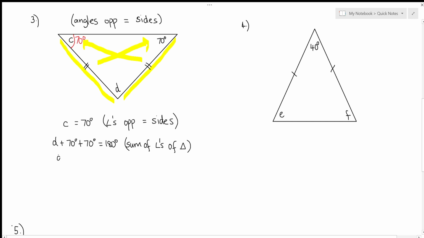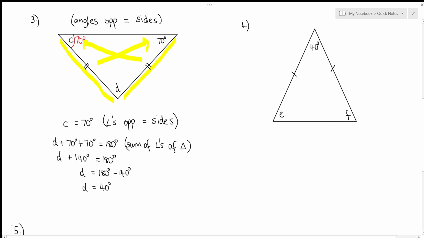So here we're going to have D plus 140 degrees is equal to 180 degrees, and D is equal to 180 minus 140, so D is equal to 40 degrees. So 70 plus 70 is 140, and 140 plus 40 is 180.